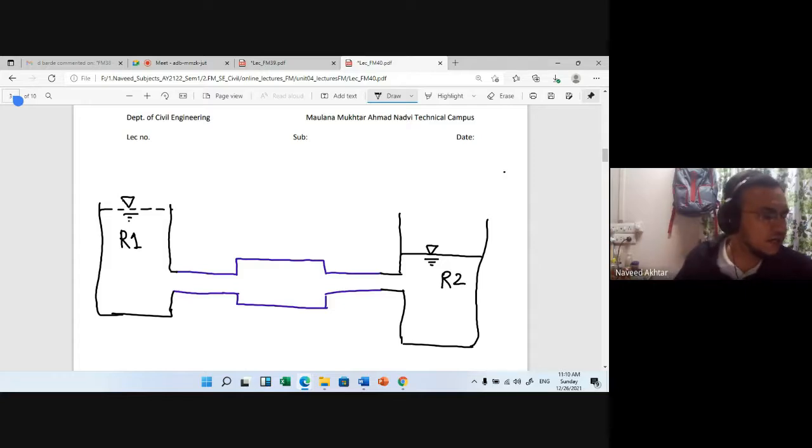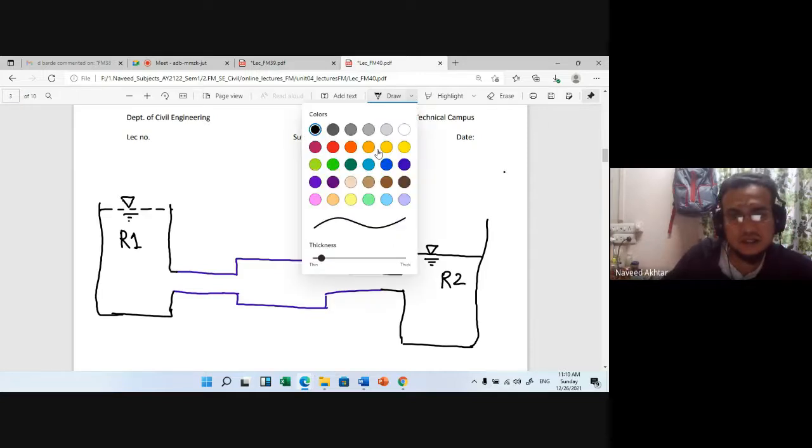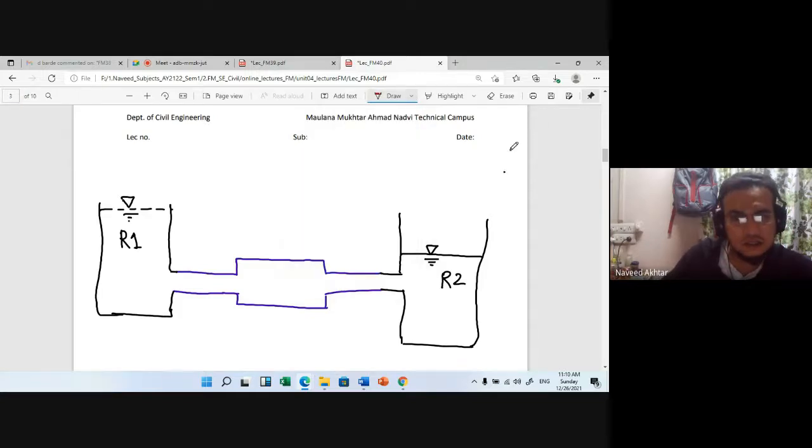Now we have to draw the hydraulic gradient line and the total energy line. So I will first draw the hydraulic gradient line. It will start from here and it will come to this pipe, pipe section 1. Then here the diameter expands, it means the pressure will expand.